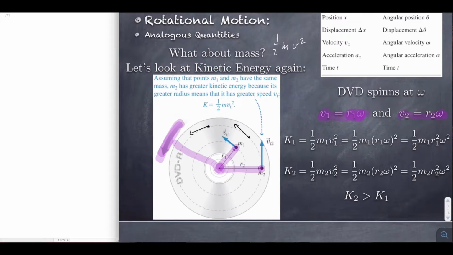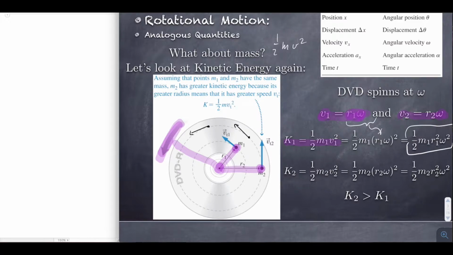And so now we can ask, well, what are the kinetic energies of each of these masses? So K1 is M1 V1 squared over 2, but then we will use this relationship here to simplify the expression to m1 r1 squared omega squared over 2.